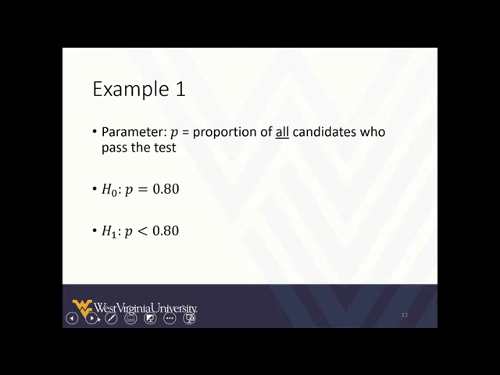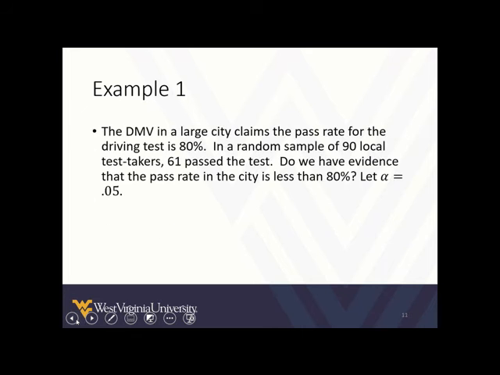So first off, if we want to define our parameter, it is p, which is the proportion of all candidates who pass the test. We can now set up our null hypothesis, which would state that p is equal to 0.8, and our alternative hypothesis would be p is less than 0.8, because we wanted to know if we have a pass rate in the city that is less than 80%.